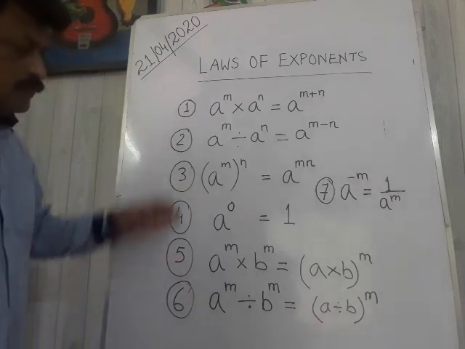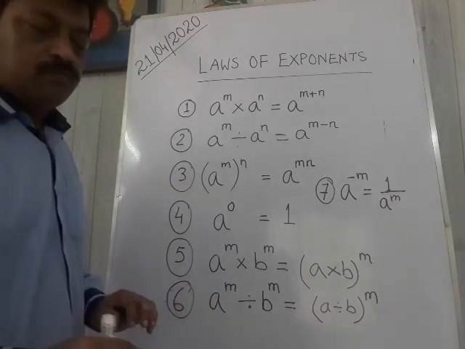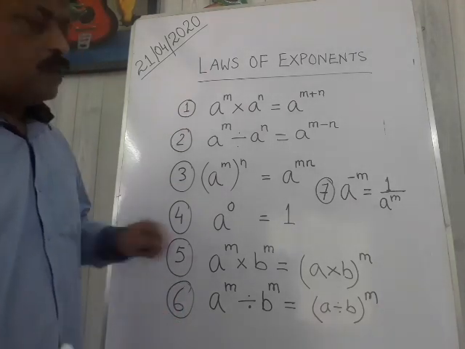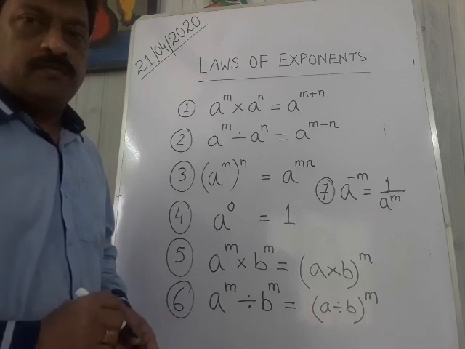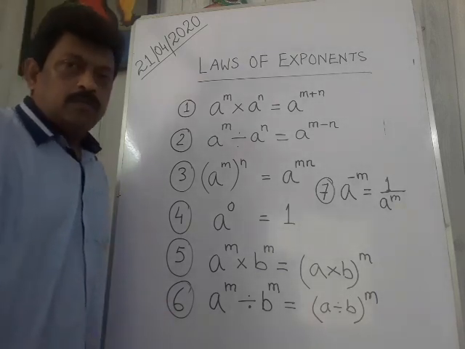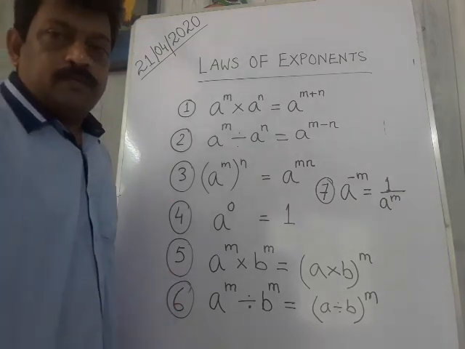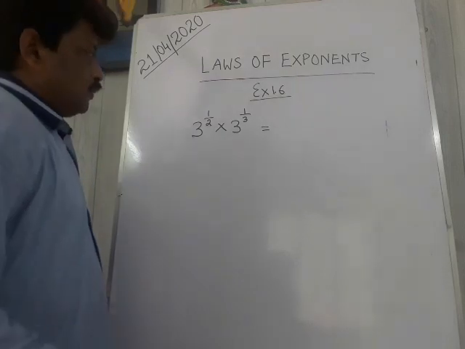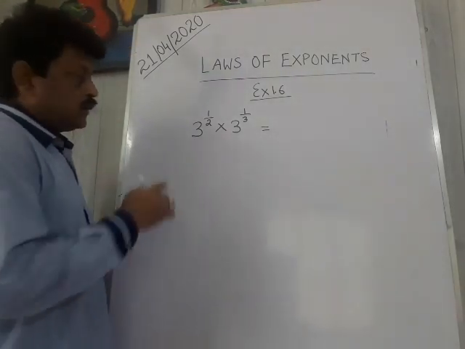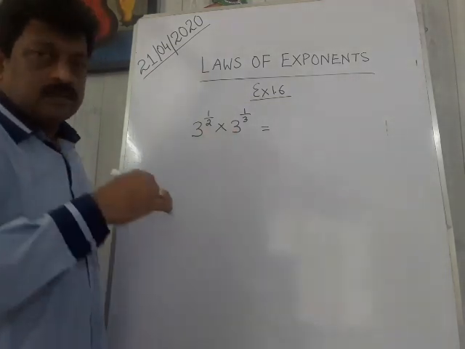So these are the laws. You have to just go through them and memorize them, because when we will be doing problems, these laws will be used. Okay. Now let me use some examples to solve this. The first law, where it was given that a to the power m into a to the power n, the powers are added.